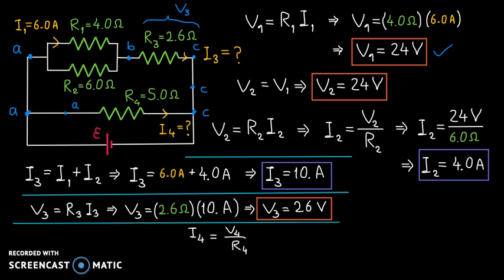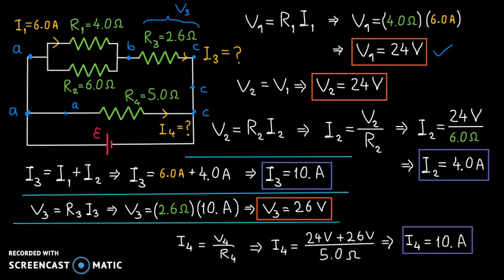Finally, let's apply Ohm's law on resistor R4. I4 is equal to V4 divided by R4, V4 being equal to V1 plus V3. Substituting the numerical values, we get I4 equals 10 amps.